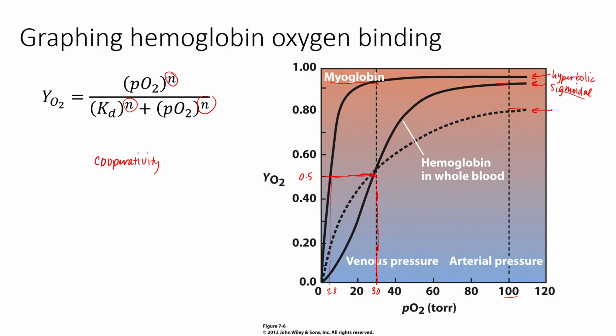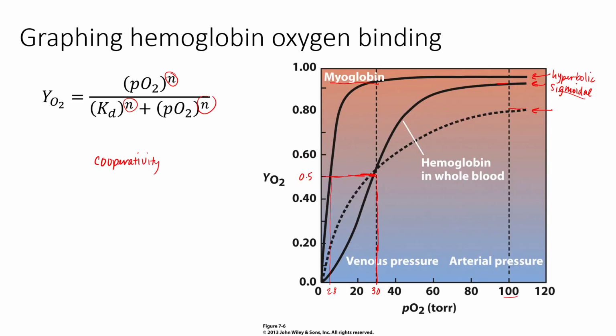The way that it works is once one subunit binds to an oxygen, it becomes much easier for the other subunits to also bind to oxygen. On the other side, once you start releasing oxygen, it's also easier for the other ones to start releasing oxygen. And part of that has to do with the differences in pressure that we just talked about, but also has to do with the T and the R state of hemoglobin.